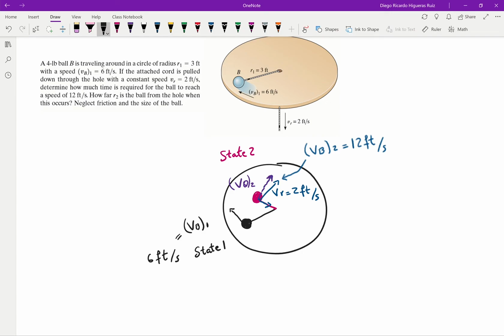Let's go ahead and solve using conservation of angular momentum.